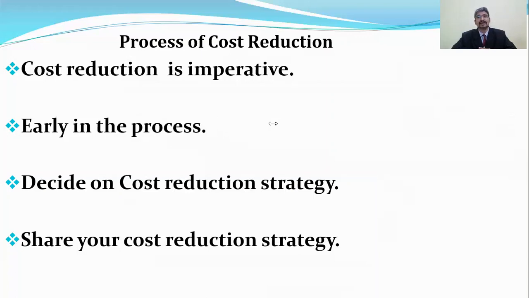Clearly highlight the organizational priority, where we are giving the priorities, that should be communicated to each and every one. Describe the cost reduction needs and desired outcome. What is going to be achieved by doing these things? That needs to be addressed to the people.